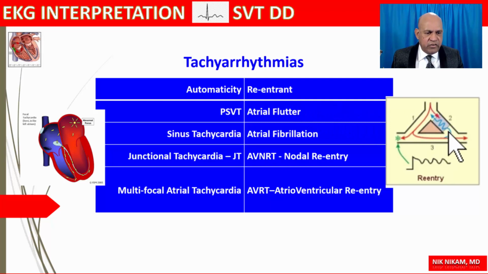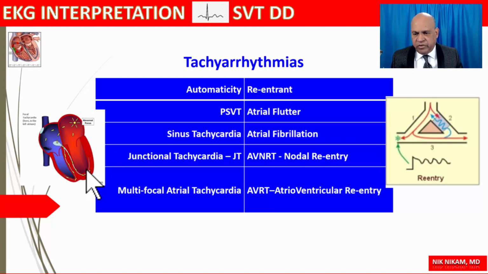This reentrant circuit can be anywhere in any part of the heart. It can be in the walls of the atria. That's where we see patients with WPW develop wide QRS tachycardia due to accelerated conduction through the accessory pathway. Or sometimes the reentrant tachycardia can go through the AV node, which can lead to AV nodal re-entry tachycardia.